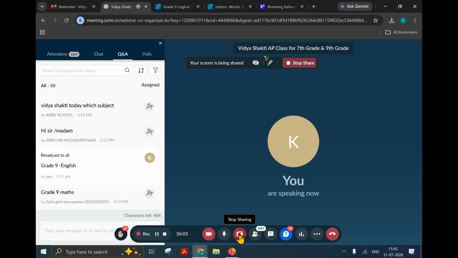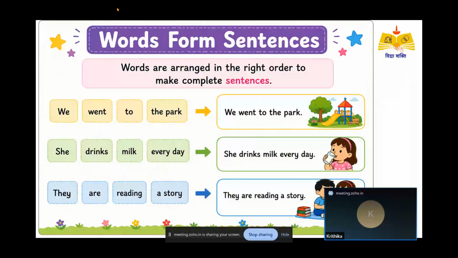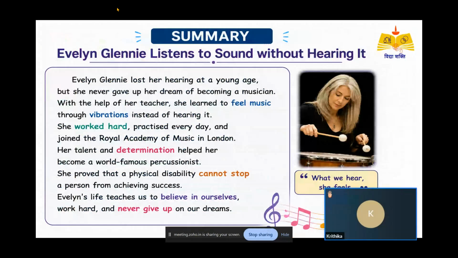Now, in the next paragraph, she worked hard. You are now telling about the achievements that she's going to make. She worked hard, practiced every day, and joined Royal Academy of Music in London. Her talent and determination helped her become a world famous percussionist. Sorry about the screen sharing issue. Look, as I told you, the very big paragraph that we have in our textbook about Evelyn Glennie has been summarized to this paragraph.